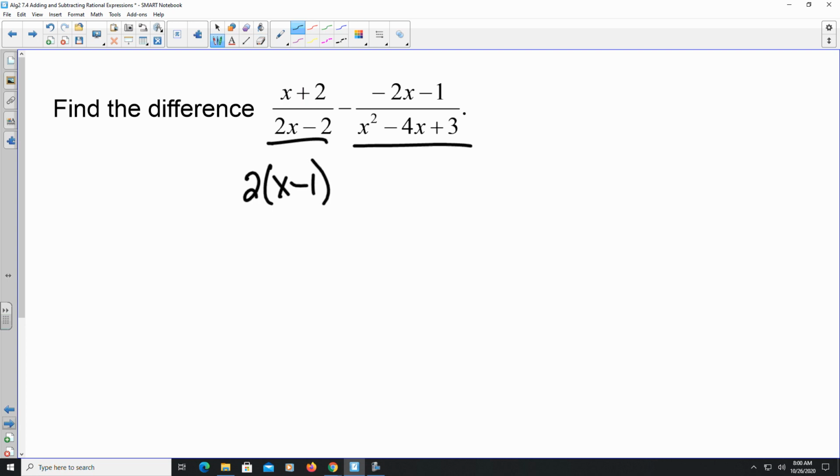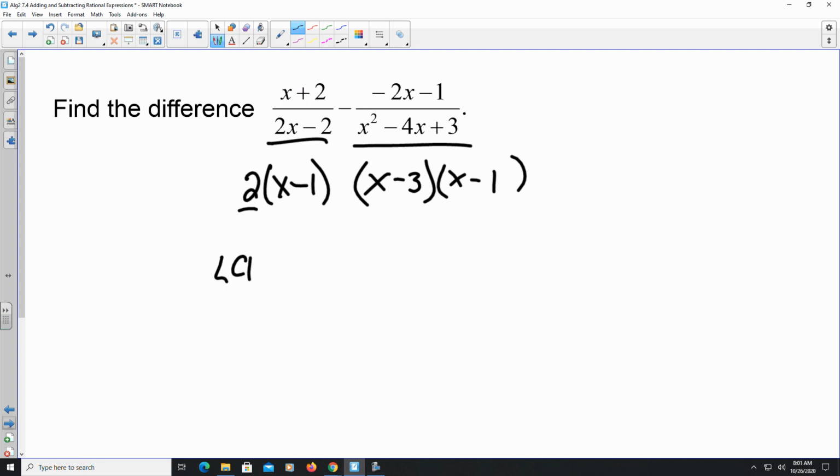I look over here at this one. This one here's a trinomial, so I'm going to attempt to factor it. Simple trinomial, x and x, same sign minus, two values that give me a product of 3, sum is 4, is 3 and 1. So looking here, my numerical value on the outside is 2. There is no numerical value on the outside of the second denominator.